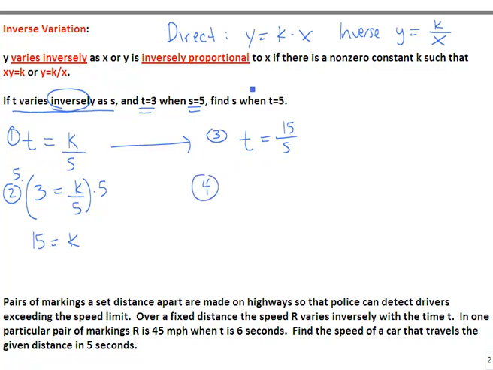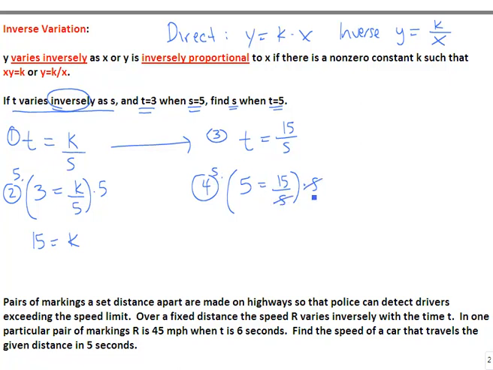And step 4 is to solve the actual problem. We want to find s when t is 5, so I'm just going to substitute in 5 for t. We're looking for s. So to solve this, since s is in the denominator, we need to clear out our fractions, so I'm going to multiply both sides by s. We're essentially cross-multiplying here.